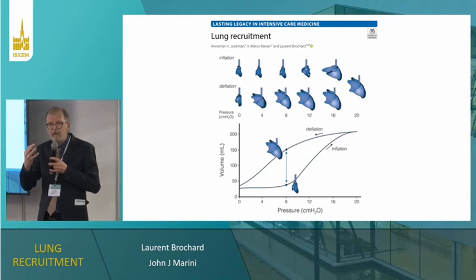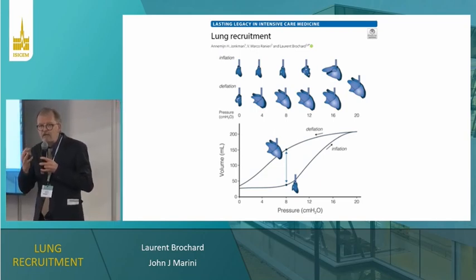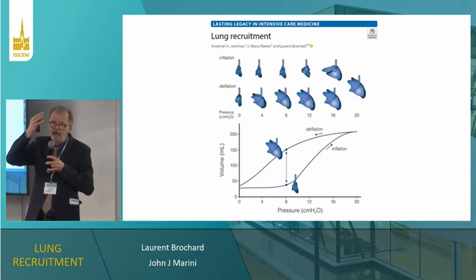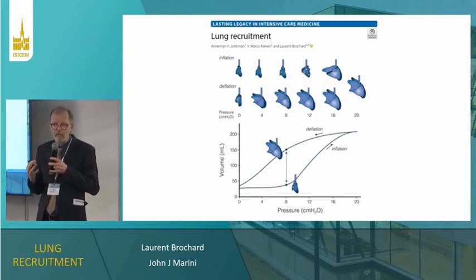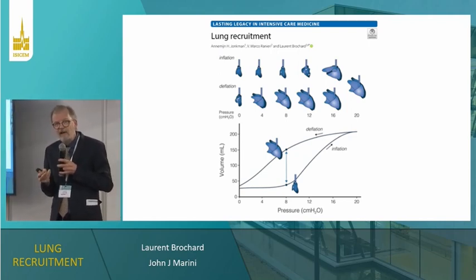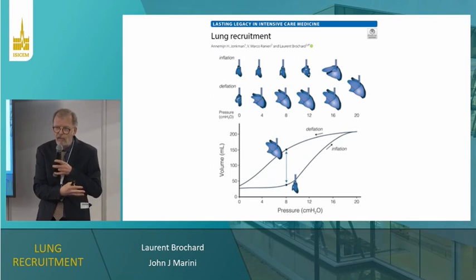So, the way I think of recruitment is something like that. You open the lung, you come back to a certain pressure, and for this same pressure, you now have much more volume open, okay? So what we have tried to design is a technique which allows to tell if the lung of your patient is more on the recruitable side, so that would be a lung like that, or non-recruitable.